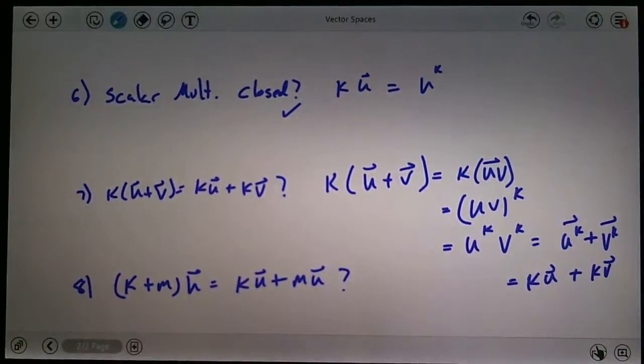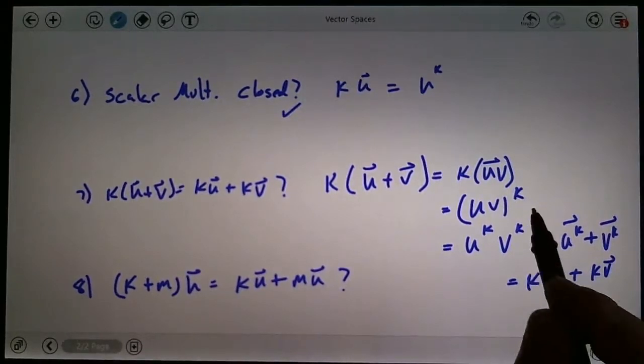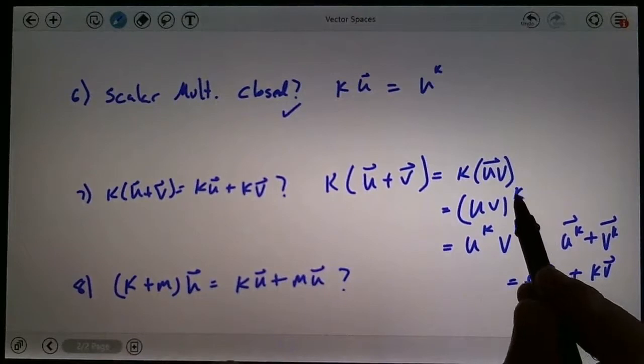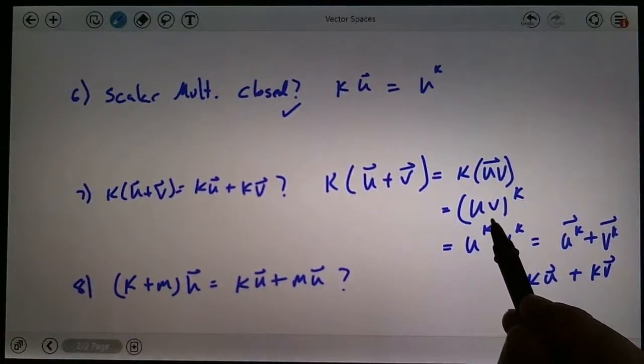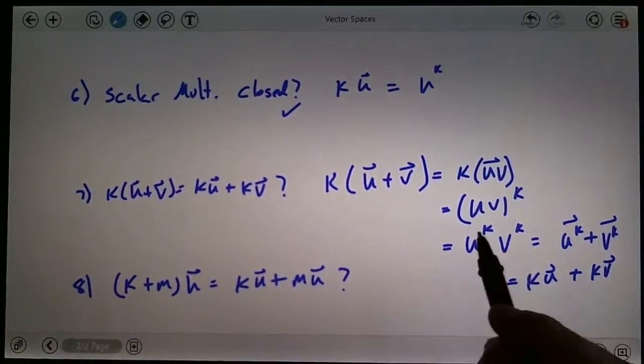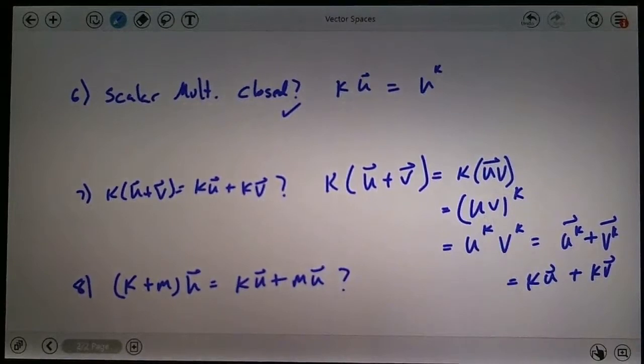So is there a distributive property? Yes, there's a distributive property. And really what it is essentially saying is that this property of exponents distributing over real number multiplication is a distributive property. It's just like multiplication distributing over addition, just that you're in a different vector space.